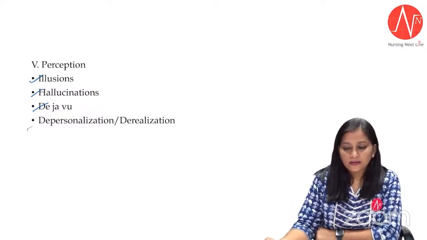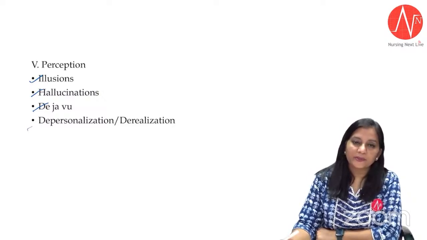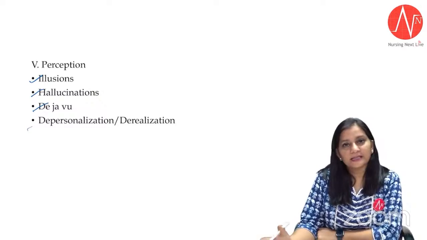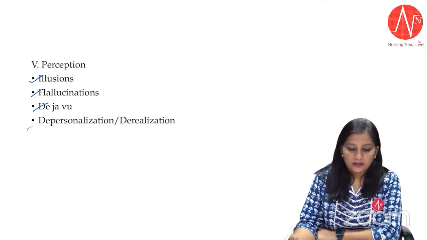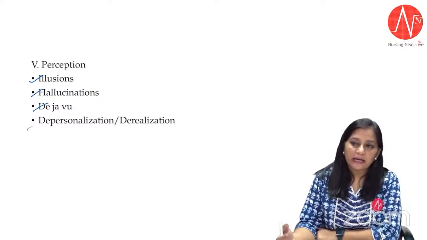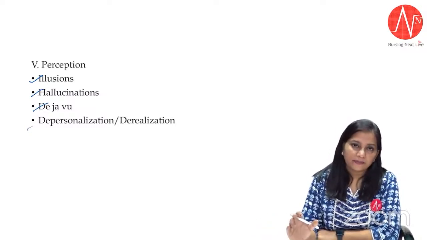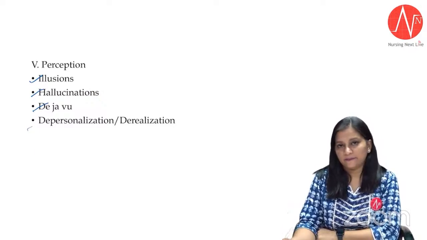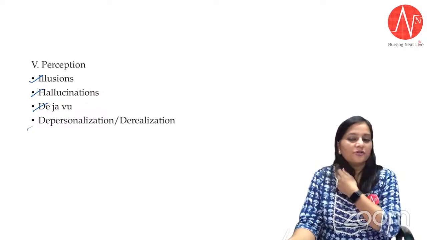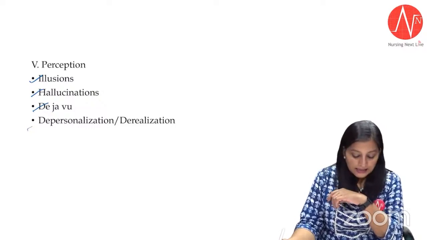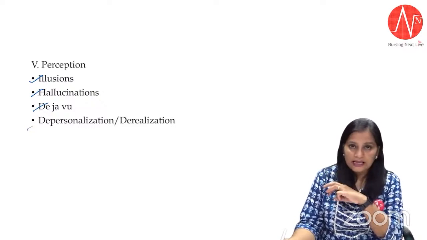Illusions are disorders of perception where the person misinterprets or misperceives the stimuli present in the environment. Suppose the patient might perceive anything lying on the floor or anything in the environment as some other thing. A classic example is that the patient might perceive a rope as a snake. So this is illusion. And hallucinations are of many types.